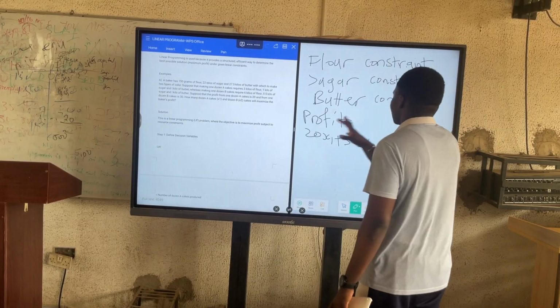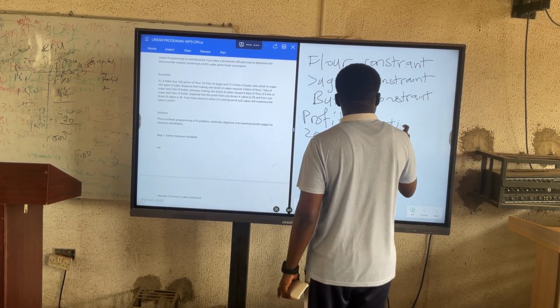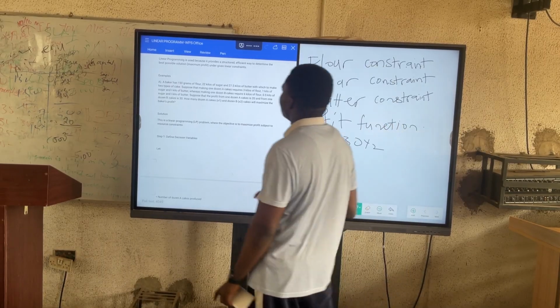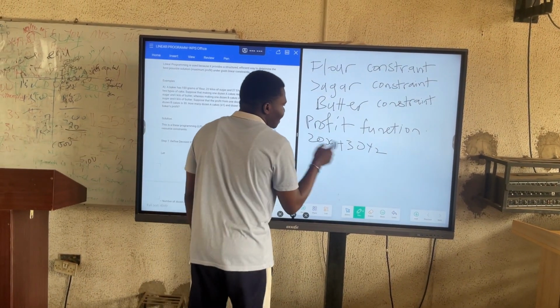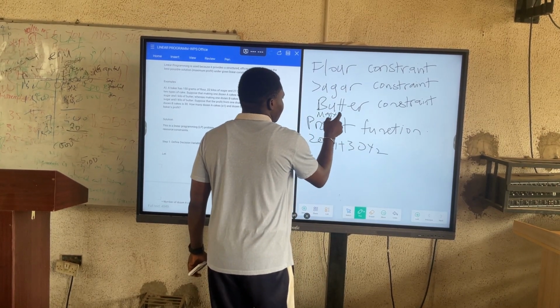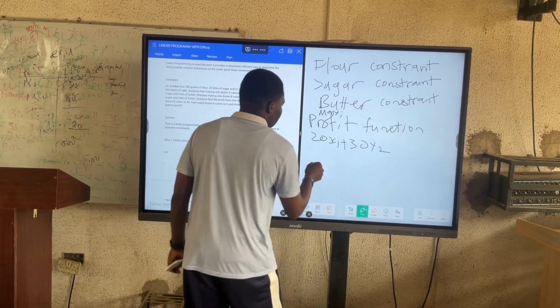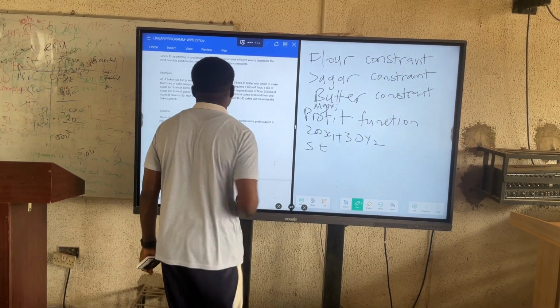So now we know that this is the profit function. You are maximizing the profit function, subject to the constraints.